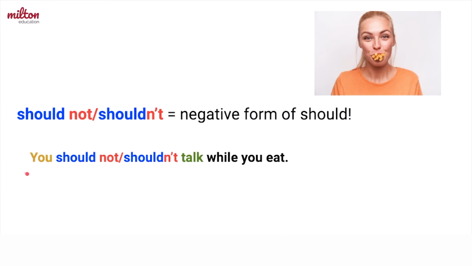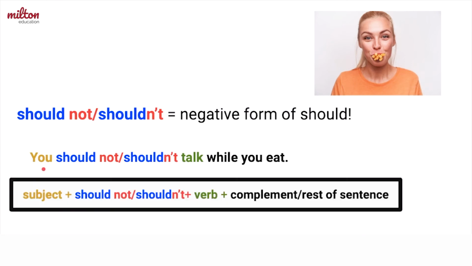It's probably a bad idea when you're eating with people from many different countries to talk while you're eating your French fries. So you definitely shouldn't talk while you eat. Again, the form of sentences with shouldn't or should not is pretty similar to other modal verbs. Again, we have the subject plus should not or shouldn't plus the main verb plus the complement or rest of the sentence.